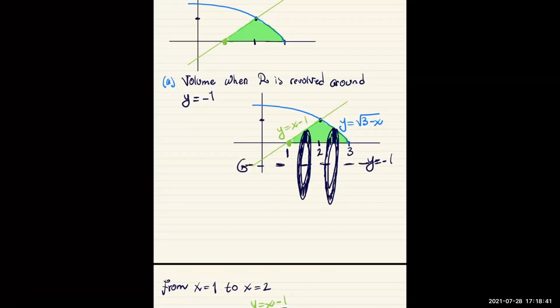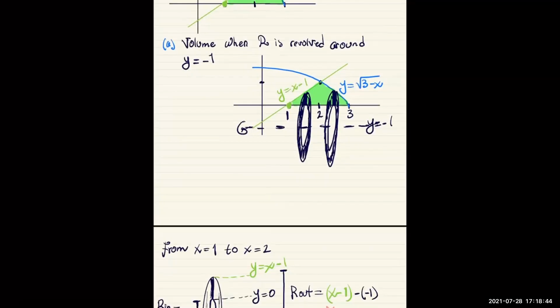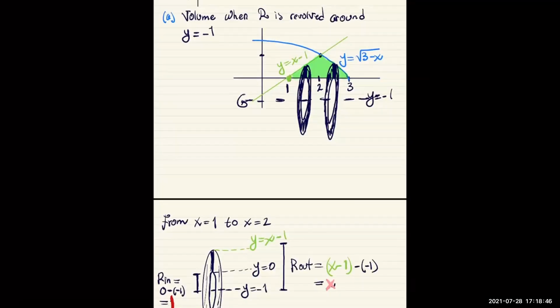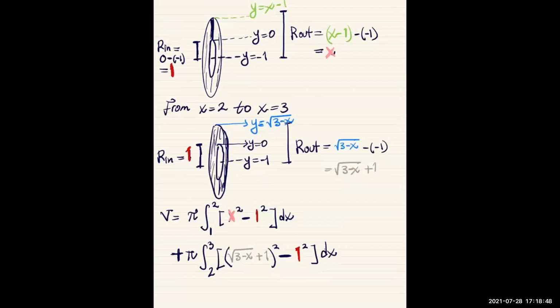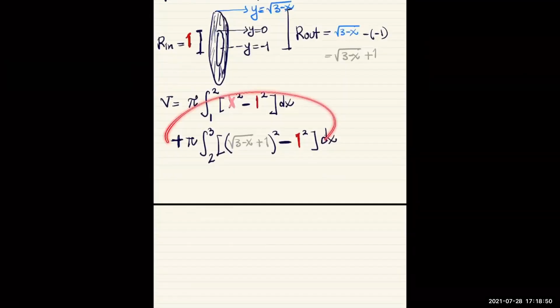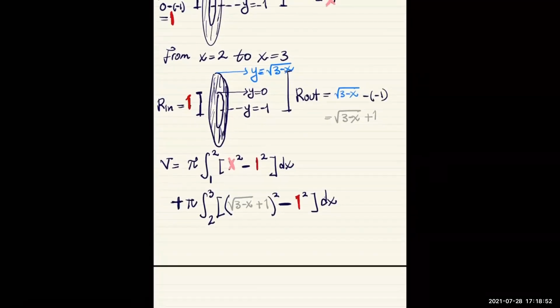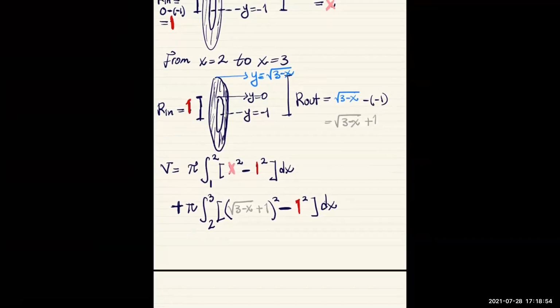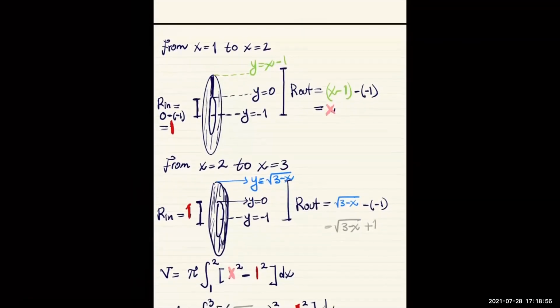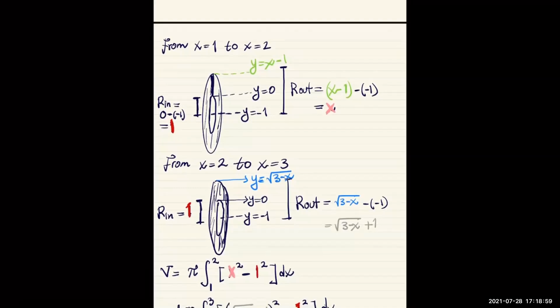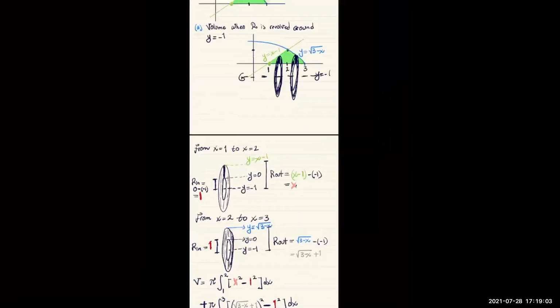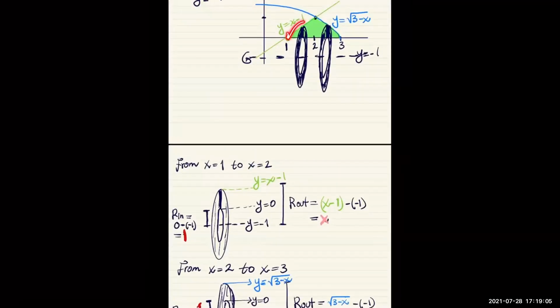The washer method is just not good. I mean, it works. If you have software, you can calculate this integral in a second. But setting up the integral itself was a pain in the neck. I had to do it twice, from 1 to 2 and then from 2 to 3, because of that inconsistency.